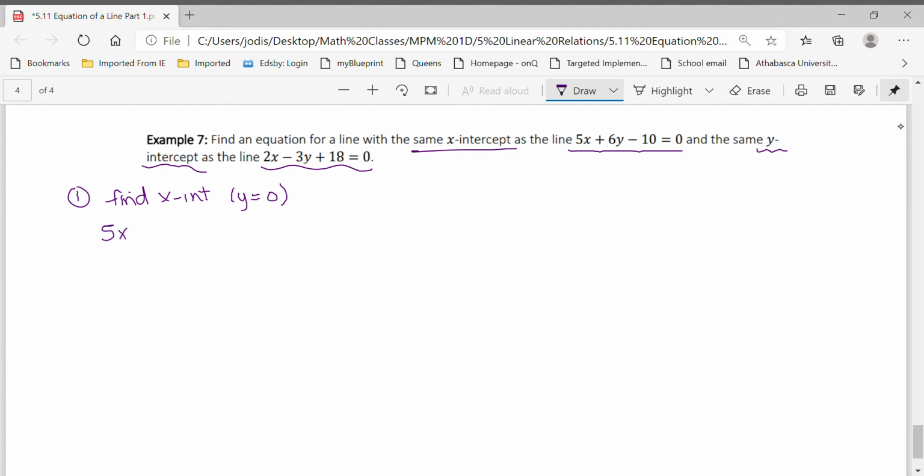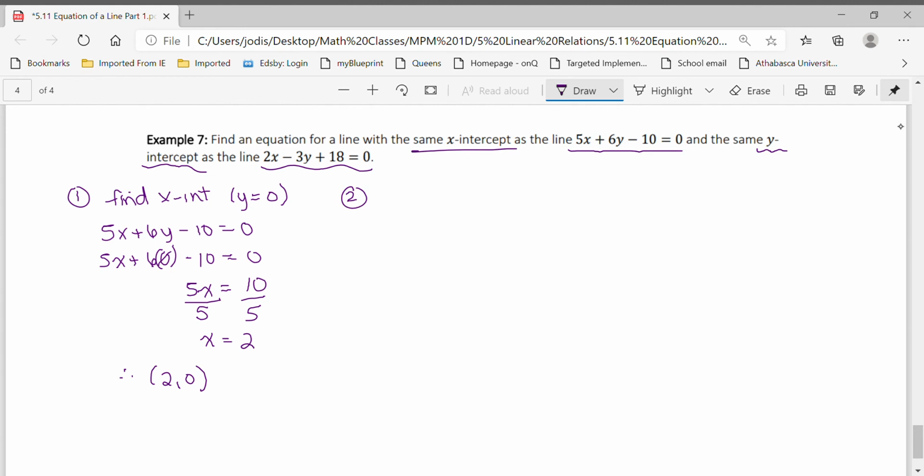So this was our equation that we want to have the same x-intercept for. So if we set y equal to 0, we've got 5x minus 10, so just move that over as 10. My x-intercept is 2. All right, so we know that we have this point.